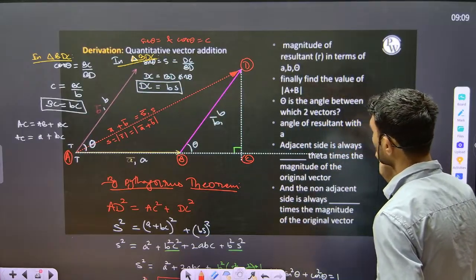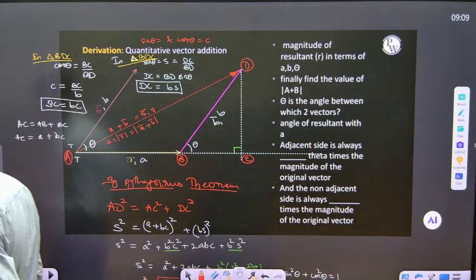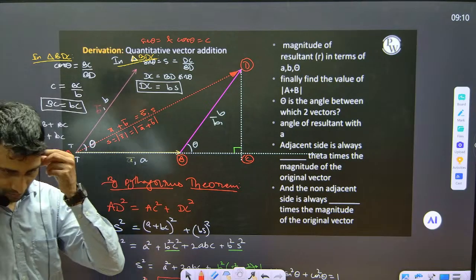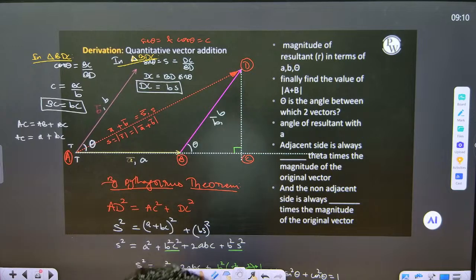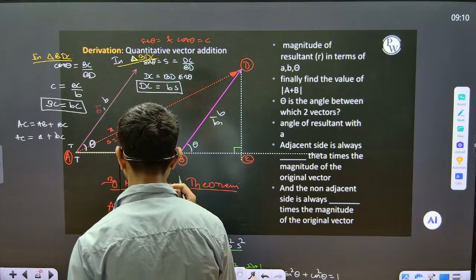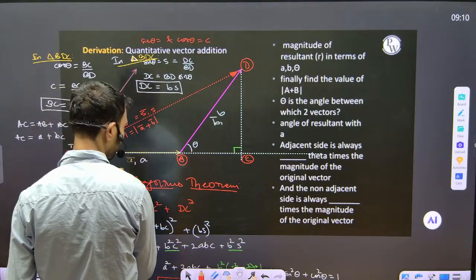Theta is the angle between which two vectors? So tell me, theta is the angle between which two vectors here? Theta is the angle between A vector and B vector, right?